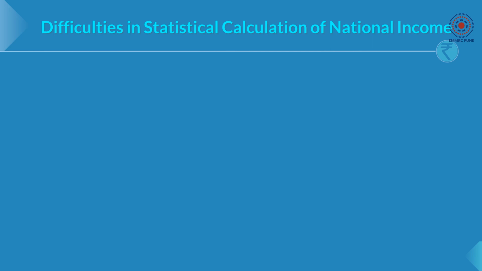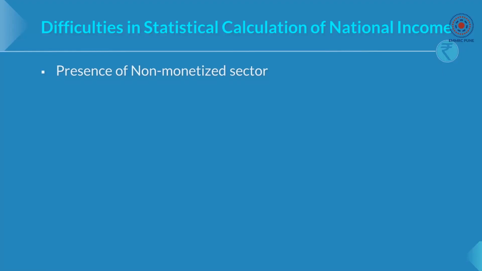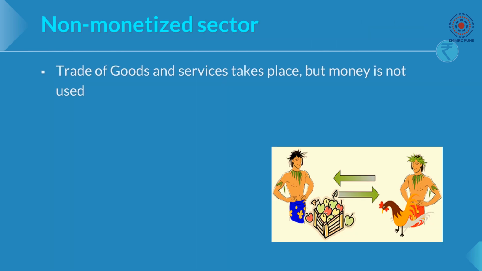Now, let us discuss the second type of difficulties that arise in statistical calculation of the national income. These difficulties are also called statistical difficulties or the practical difficulties that are generally seen in developing or underdeveloped countries. The first difficulty of this kind is the presence of a non-monetized sector. In this sector, trade of goods and services takes place, but money is not used.